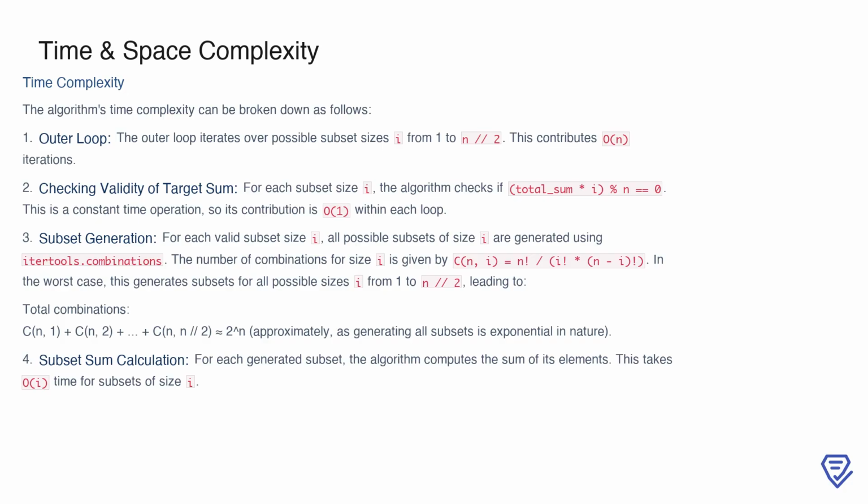When you sum up the combinations for all sizes i from 1 to n/2, the total number of subsets generated approximates to 2^n, which means this step is exponential in nature. Finally, for each subset generated, the algorithm computes the sum of its elements, which takes i time for subsets of size i. Combining these factors, the subset generation and sum calculation dominate the time complexity, making it exponential overall.